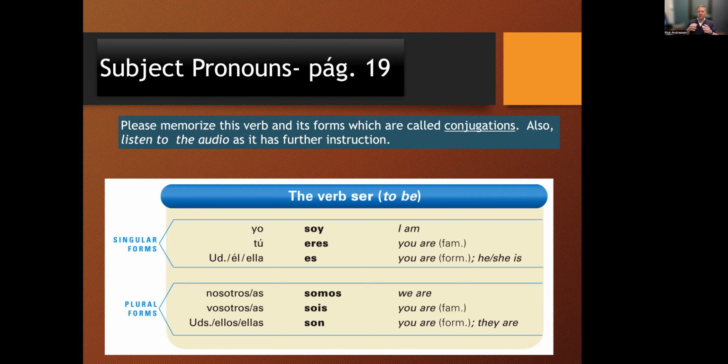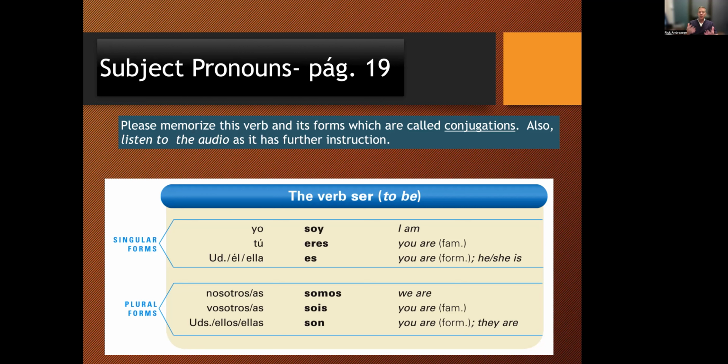In Spanish, the verb ser is the infinitive. And then you conjugate it, meaning you change that root, that verb, to match the 6 different boxes: the first person, second person, third person, singular, first person, second person, third person, plural. So in Spanish, to memorize, the first person singular form for yo, for I, is soy.